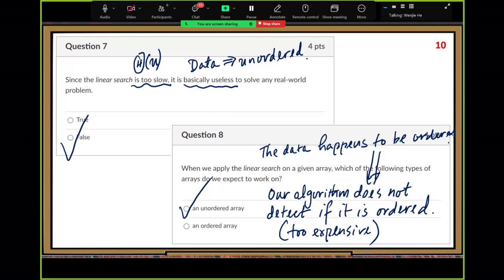Even if it is ordered, we still treat it as unordered to run the linear search. Try to understand that point, because the detection is too expensive. We don't want to pay that much cost for the detection part.